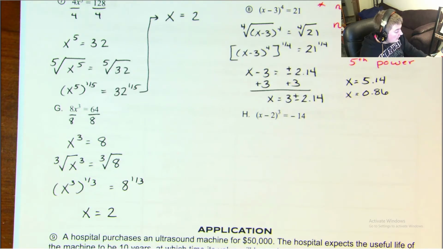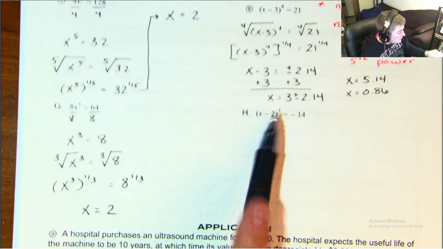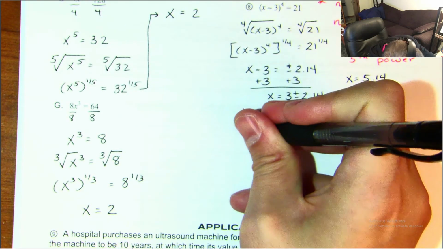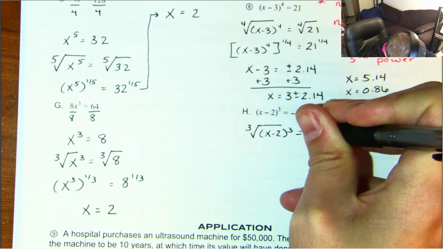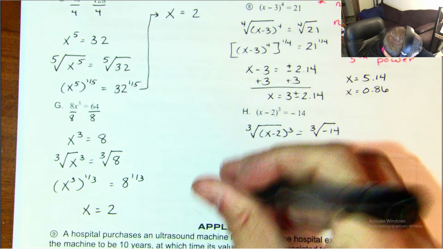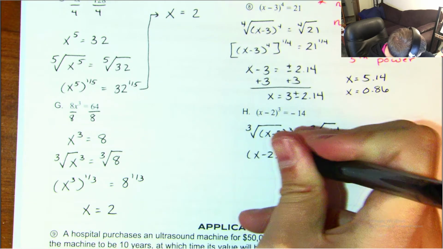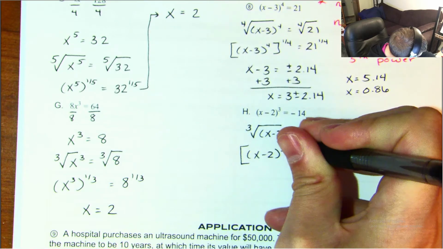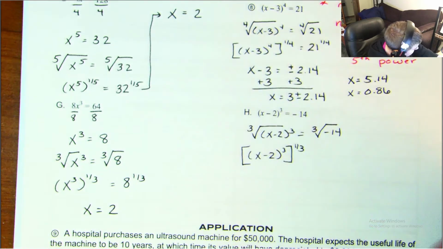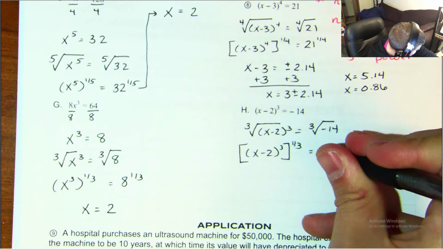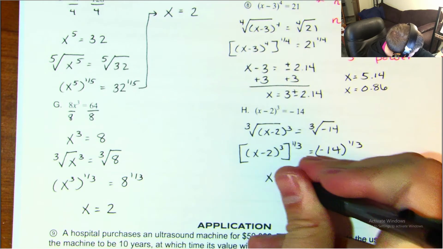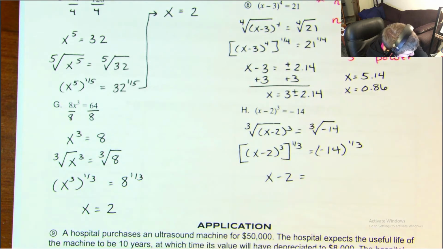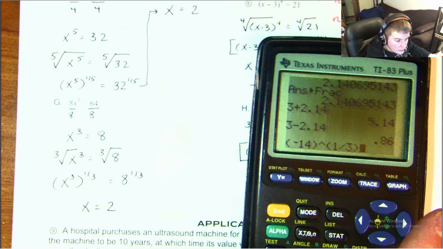Okay, this one here, there's no extra work, but that whole thing is being cubed, so we can go ahead and cube root this whole thing. All right, so I'm going to get x minus 2 cubed, and that whole thing to the 1/3 power. 1/3 power is the same as cube rooting. These undo each other, so I'm left with x minus 2 is equal to negative 14 to the 1/3 power.